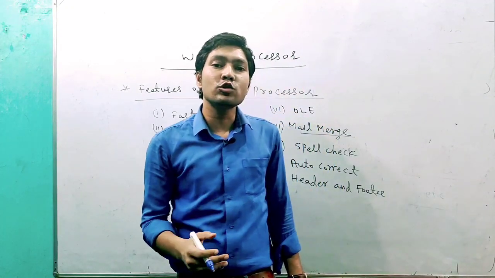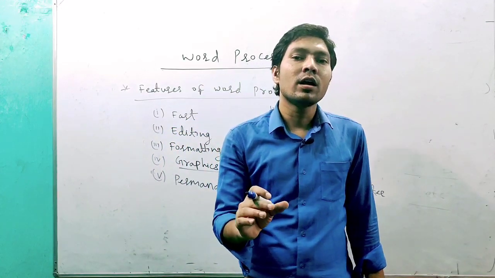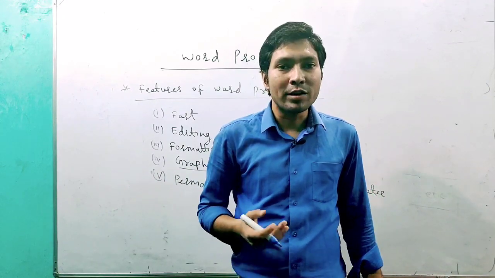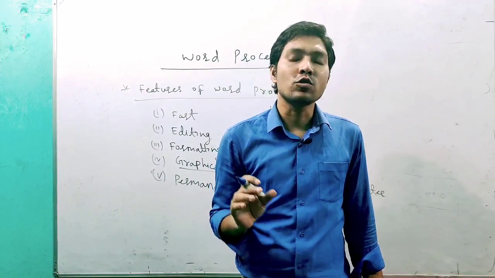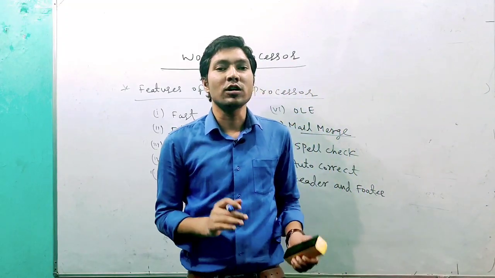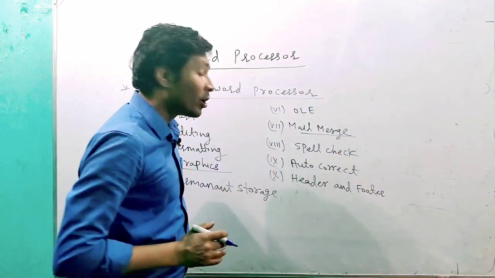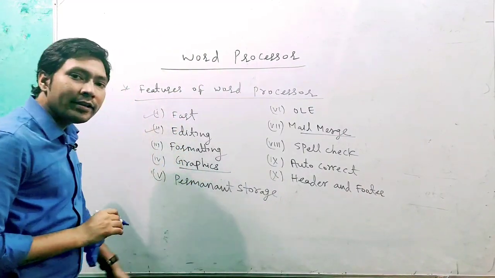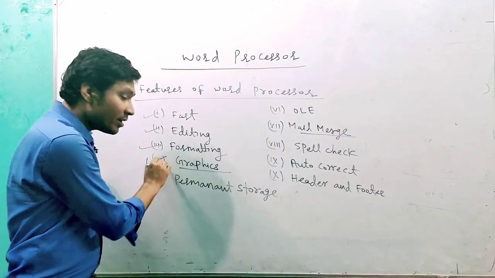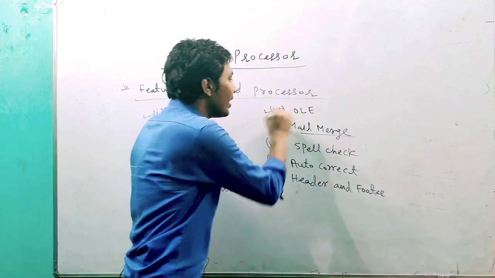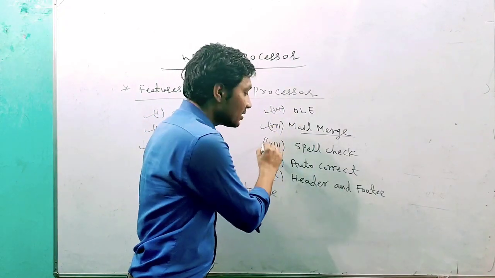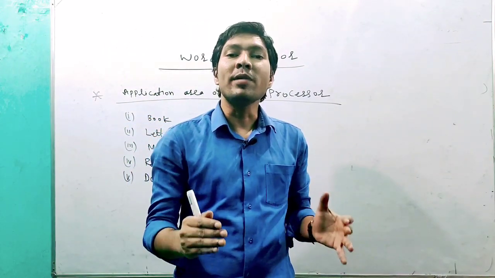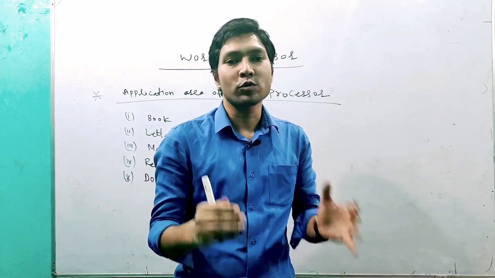So these are the features of a word processor. Number one is fast. Next are editing, formatting, graphics, permanent storage, OLE, mail merge, spell check, autocorrect, and header and footer.